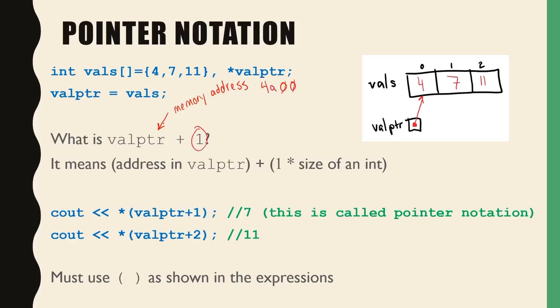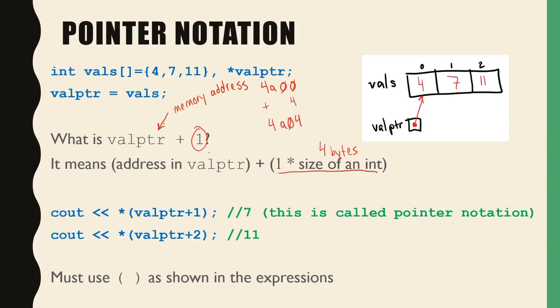If I add 1 to that memory address, it's not going to make it 4A01. What it's actually going to do is it's going to add 1 times the size in bytes of an int, so 4 bytes. So it's going to be 4A04.